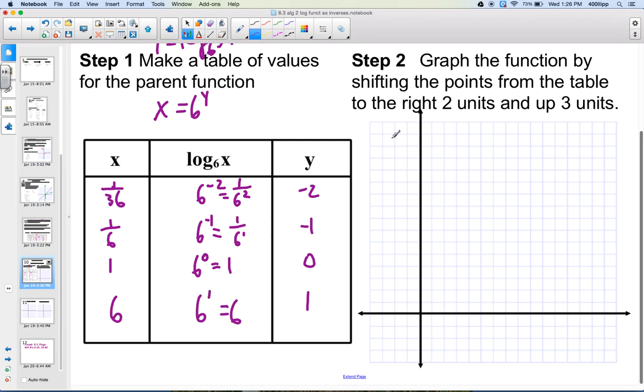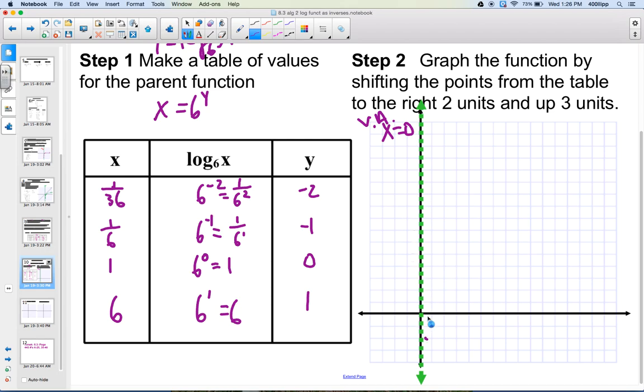Okay, so I can graph that. Let's go ahead and graph that, and also make sure we put in our asymptote. I have x equals 0 as my vertical asymptote. And now I'll graph those. I have 1 over 36, -2 down there.